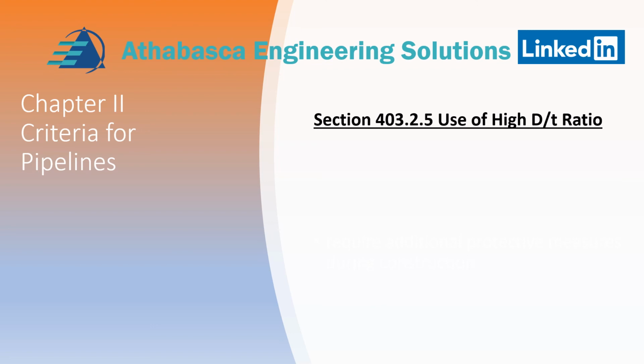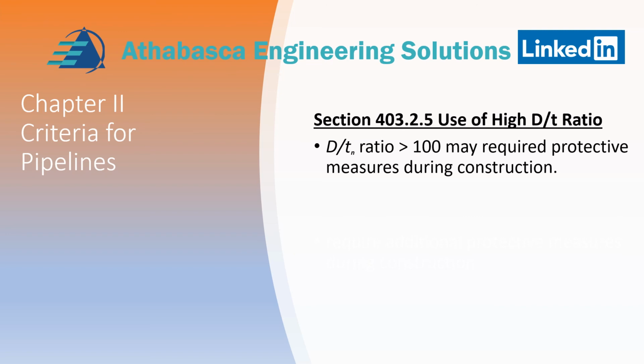Your D over T ratio, and I've modified that to show T over D, that's the nominal thickness, okay, and it's something in the code that they should be saying nominal, not like the thickness. Must be greater than 100, and you have to provide protective measures during construction. And so also, I guess that would include, say, for example, the existing condition of it as well.